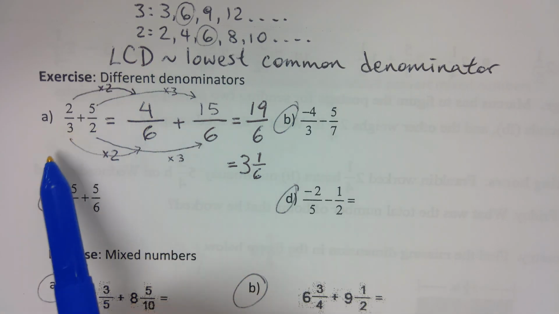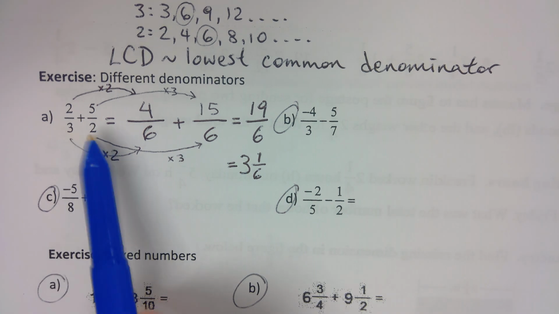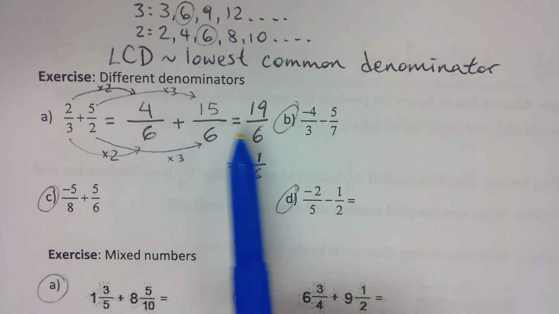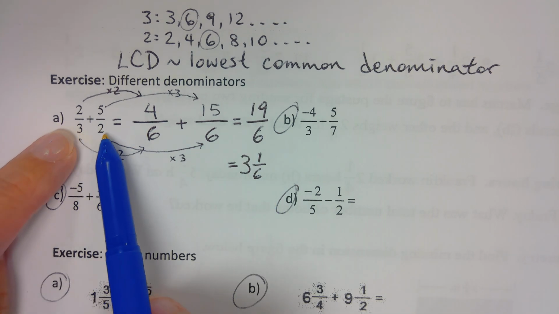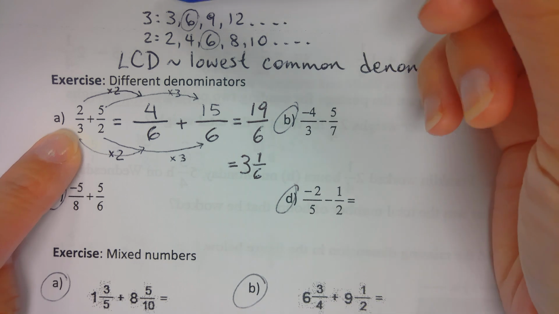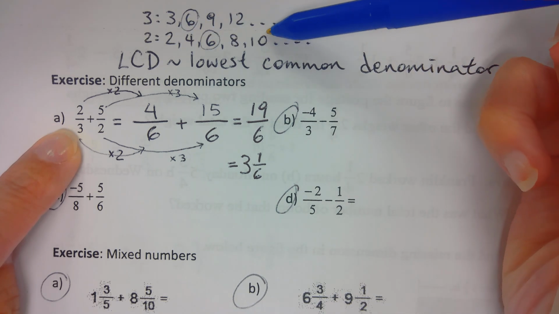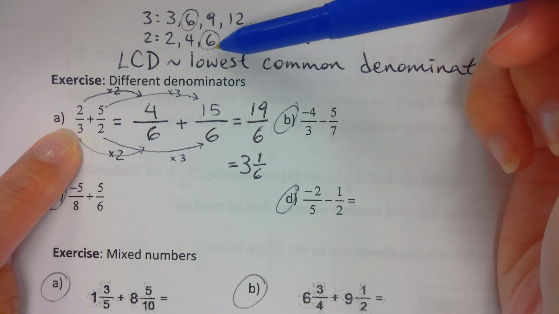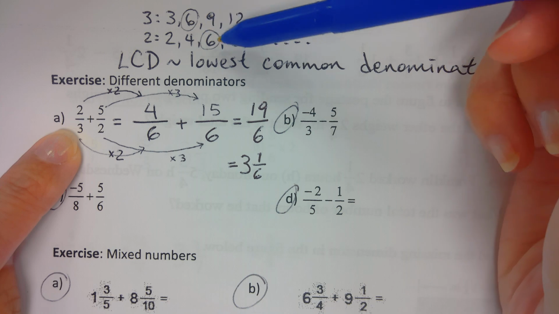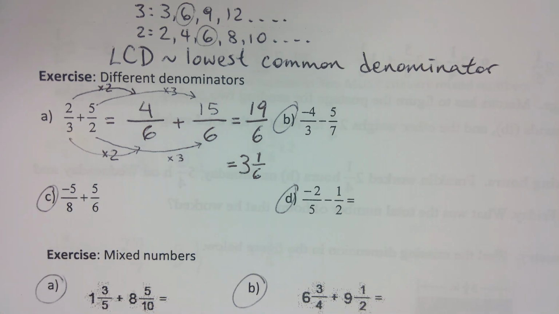So between 3 and 2, your lowest common denominator is 6. Now just to go over it really quickly, a refresher, how did I get 6 if I don't see it right away? You list out the multiples of 3, you list out the multiples of 2, and then you realize that, okay, 6 is the first number that appears in both lists. So that's how I know that's a lowest common denominator between them.